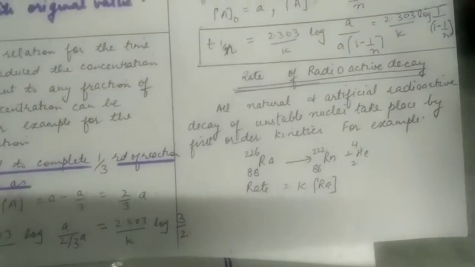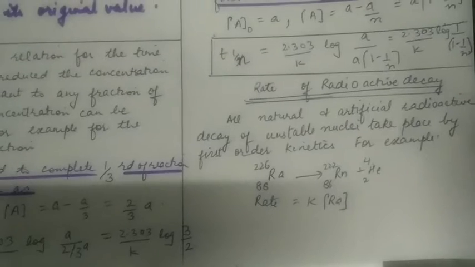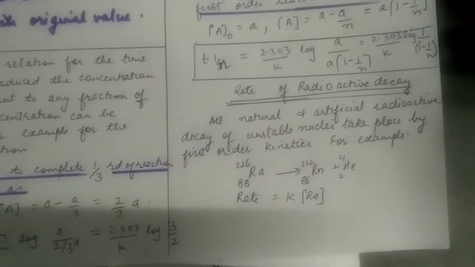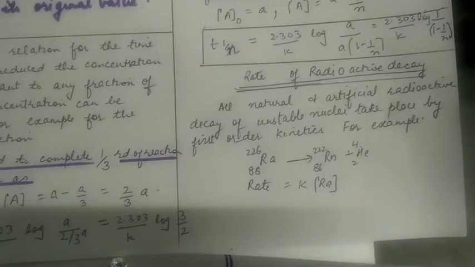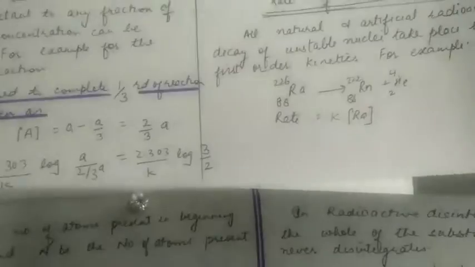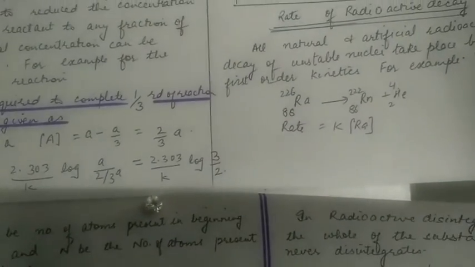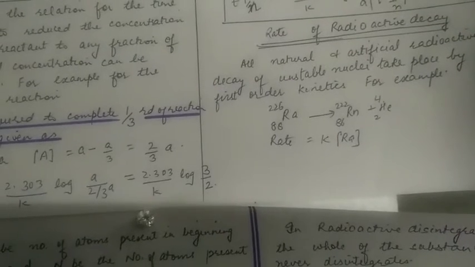Rate of radioactive decay. All natural and artificial radioactive reactions, the decay of unstable nuclei, take place by first order kinetics. So for example, radium is radioactive, it decays into radon and helium particles, and for this the rate of reaction is a first order reaction.